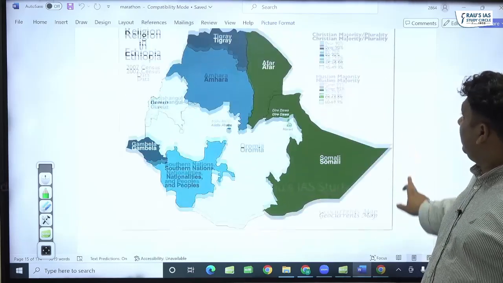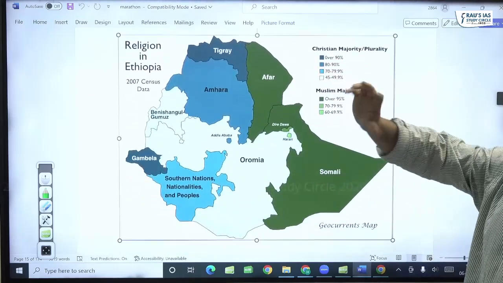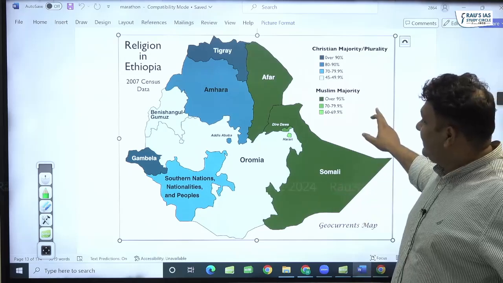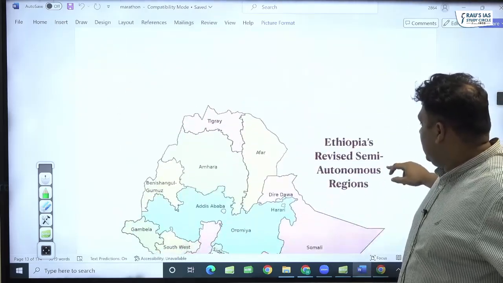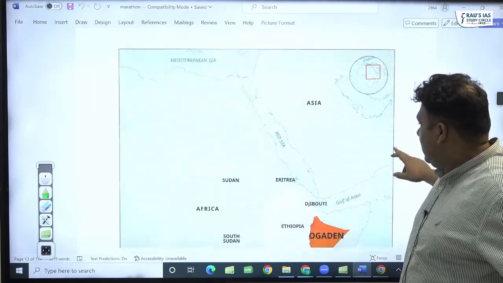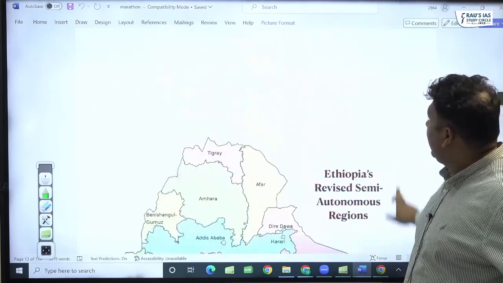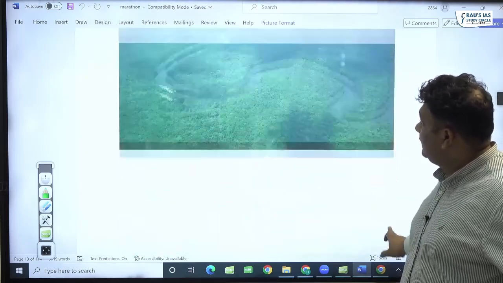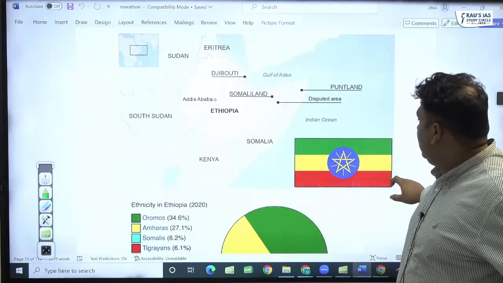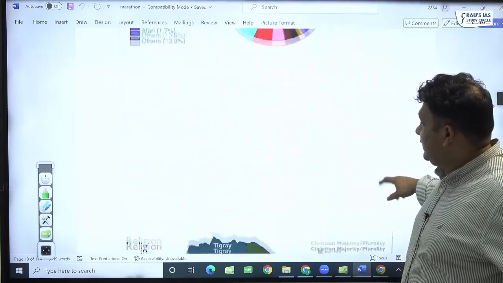Again, write down this thing also. Ethiopia has around 85% Christian population and around 15% Muslim population.